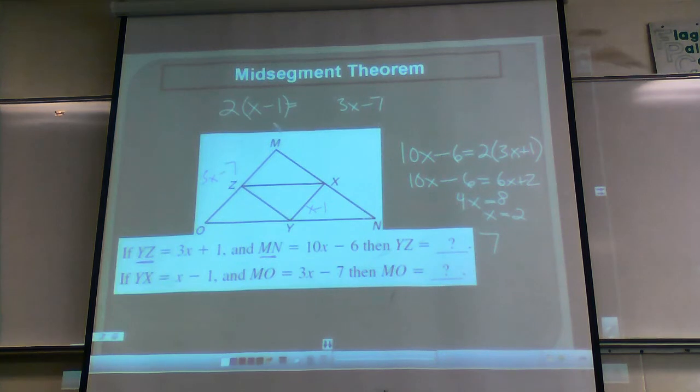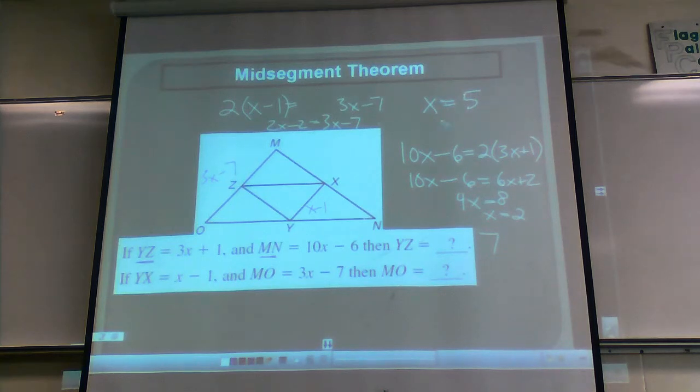If I distribute, I've got 2x minus 2 equals 3x minus 7. If I move everything accordingly, I should get x equals how much? 9? 5 or 9? I think 5. Okay.